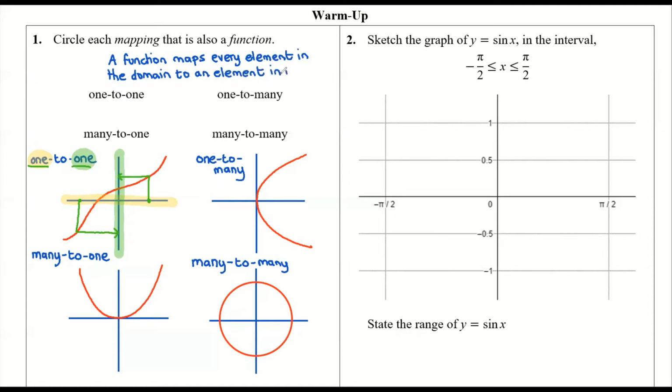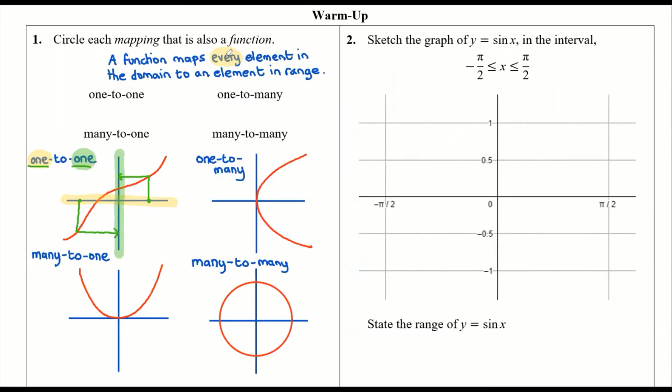Okay, now you don't have to have a situation where every element in the range has had an element in the domain mapped to it. That's a special type of function which we actually call a surjection, which we're not going to talk about in this course. But the important phrase here, or the important word, is the fact that every element in the domain has to go somewhere. Okay, it doesn't matter where. So this is what we call a function, and it's a one-to-one mapping.